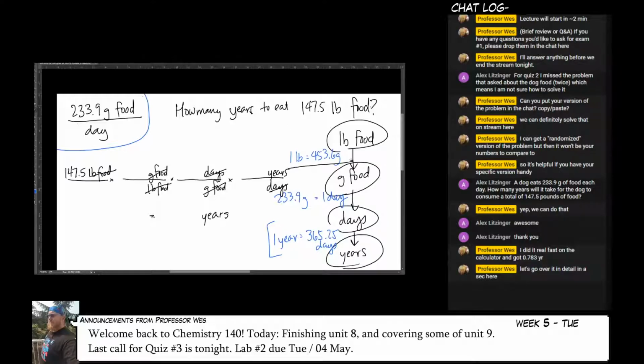So 1 pound is 453.6 grams. In 1 day, the dog consumes 233.9 grams. That's probably not a puppy if it's eating that much. And in 1 year, there are 365.25 days. So we'll punch it all in the calculator, see what we get.